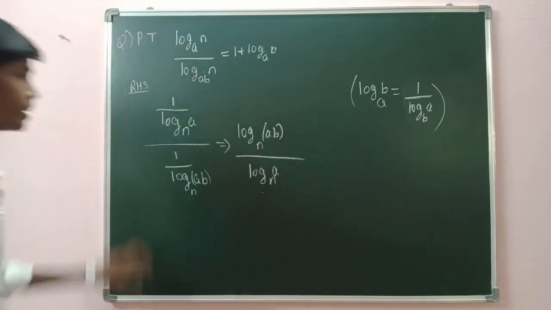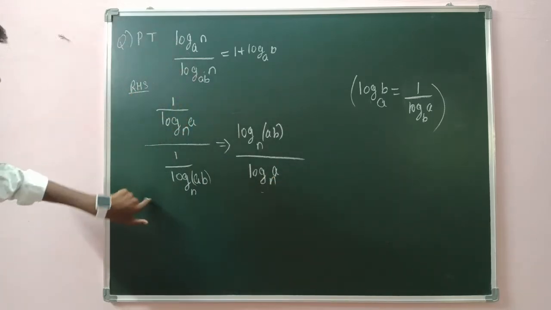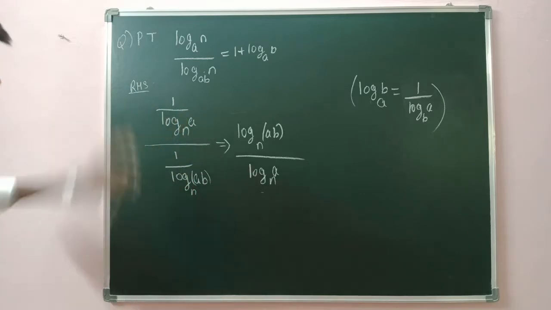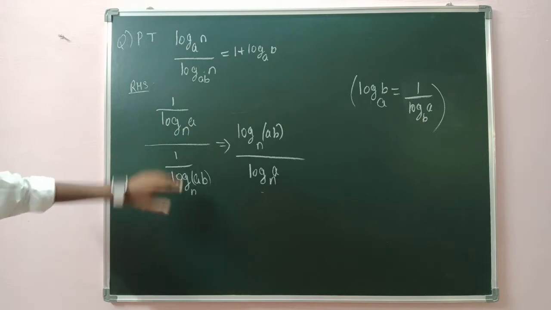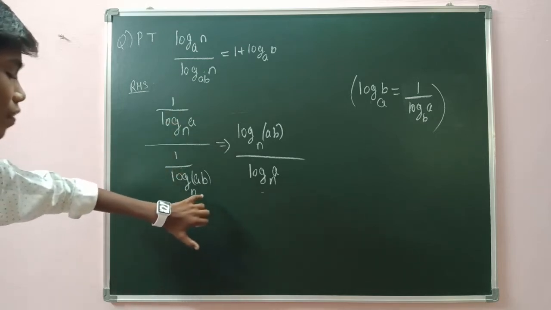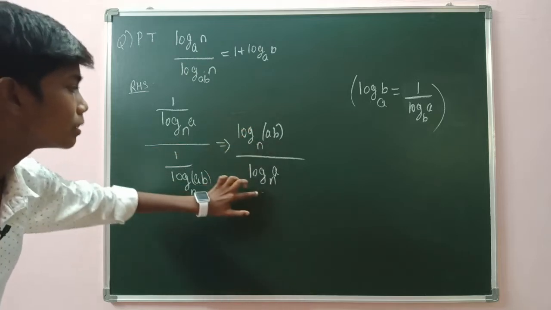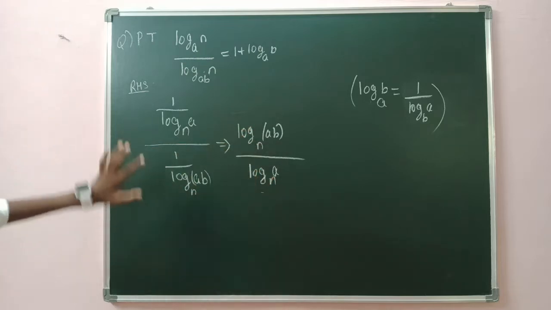This is what you will get, right? So 1 by something divided by 1 by something is reciprocating it. So log of ab to the base n will go to the numerator. Therefore I will get log of ab to the base n divided by log of a to the base n. That's all.